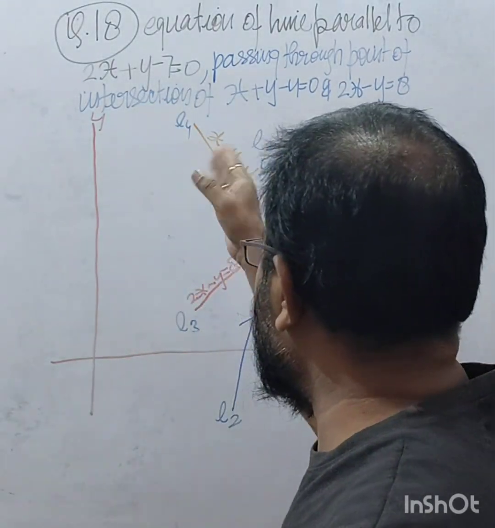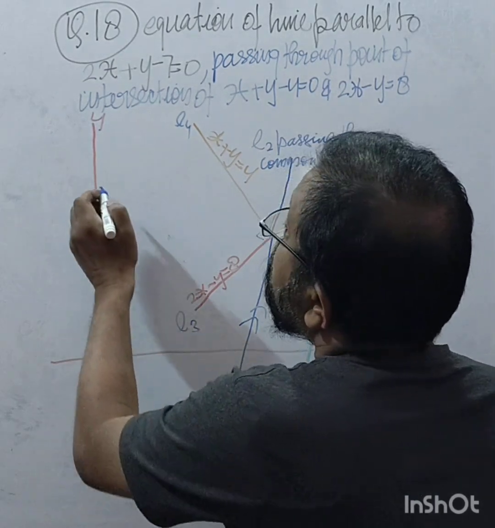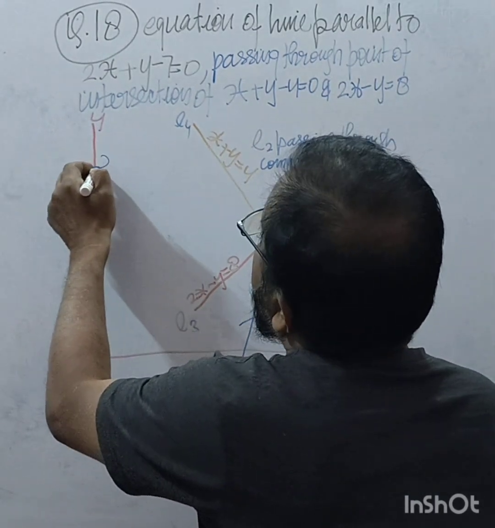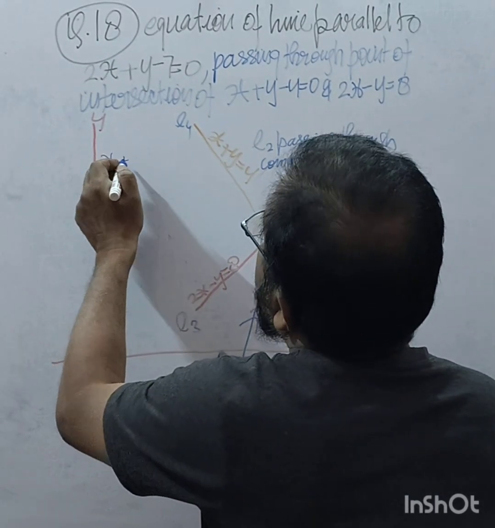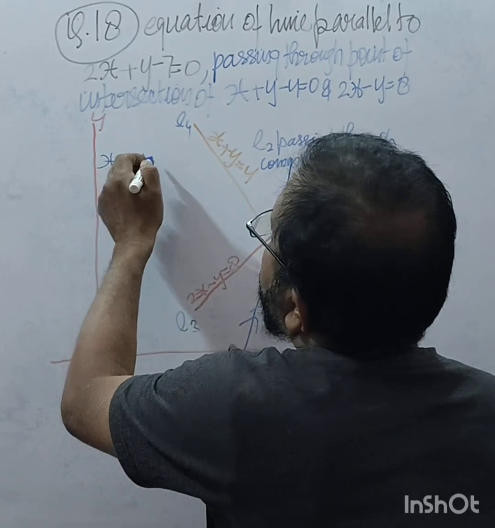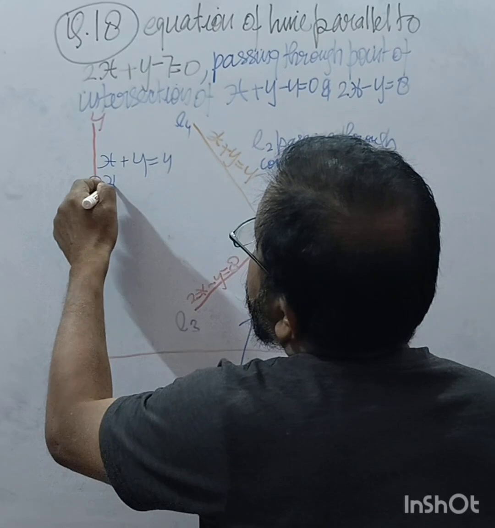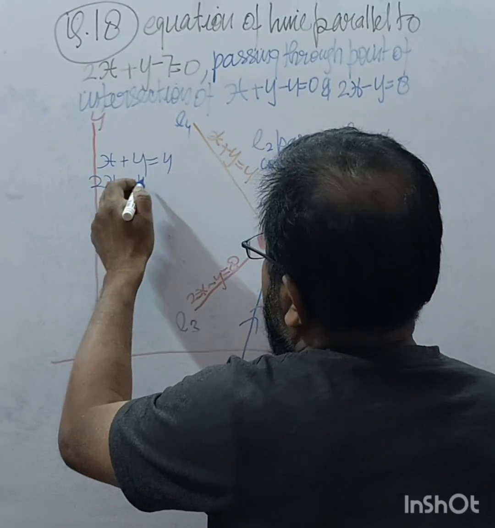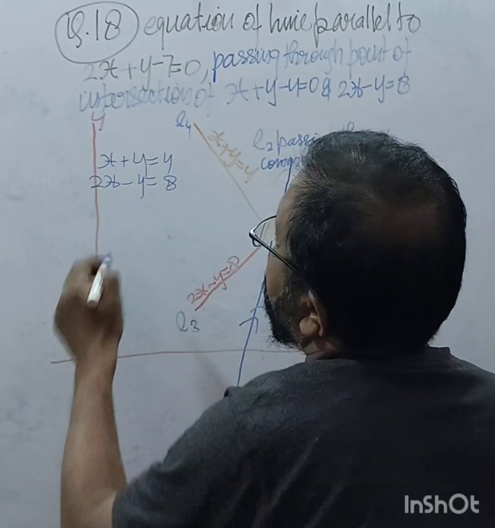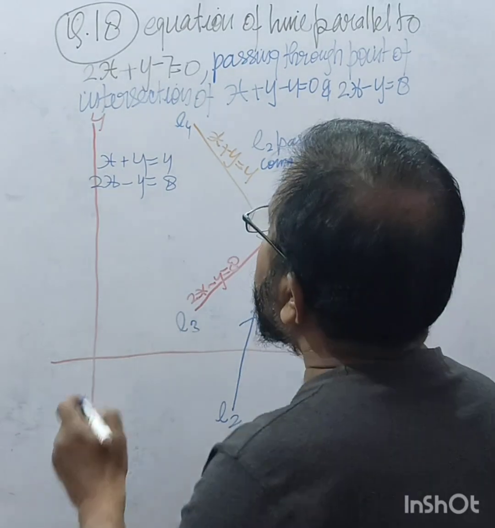So what will be the common point between these two? You can write x plus y is equal to 4 and 2x minus y is equal to 8, right?